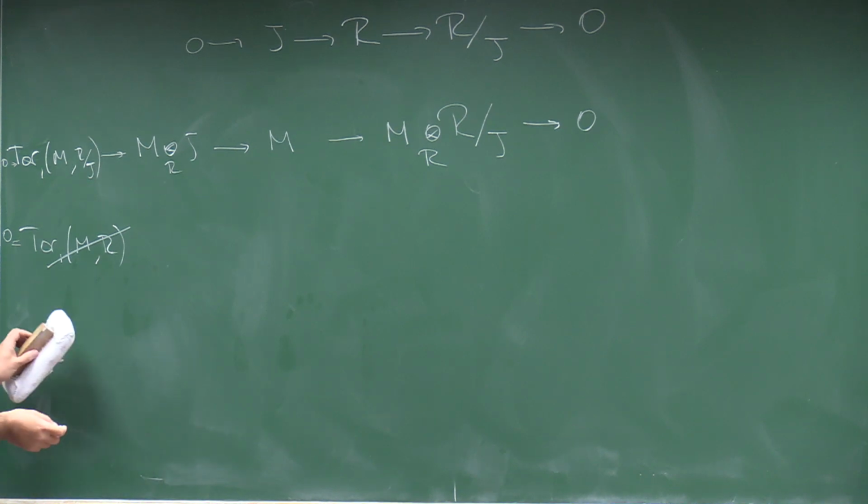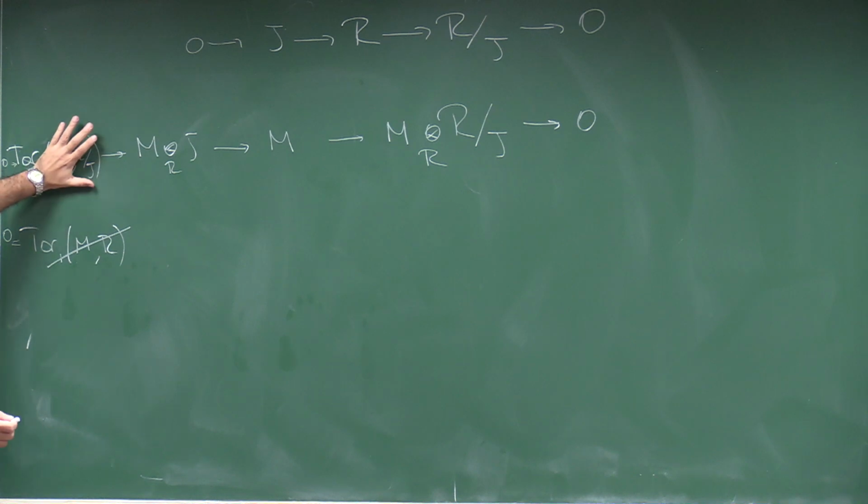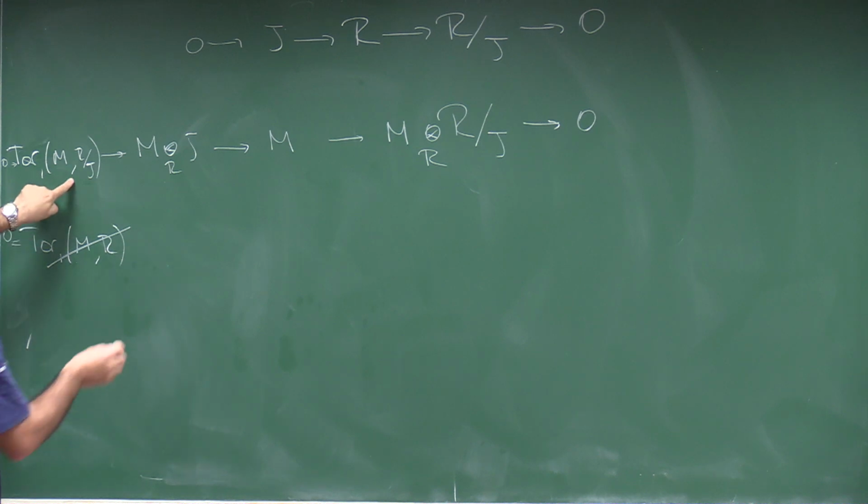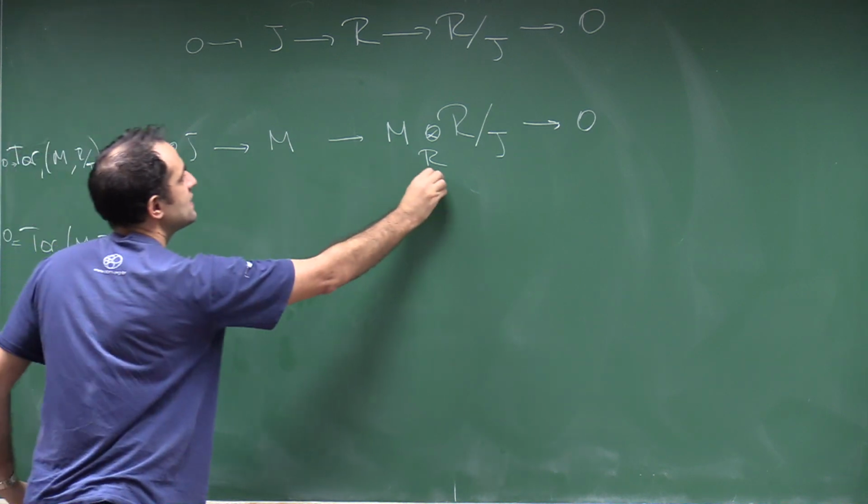On the other hand, if M is flat, then clearly this guy is 0. But also, if this guy is 0, then this sequence is exact.